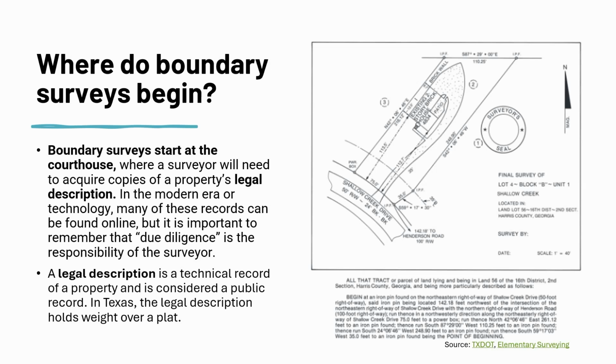Like I said before, in our modern era, our technology often gives us access to a lot of land records online. The county clerks and the central appraisal districts across the entire state of Texas have been charged with making sure all of their records are available online.